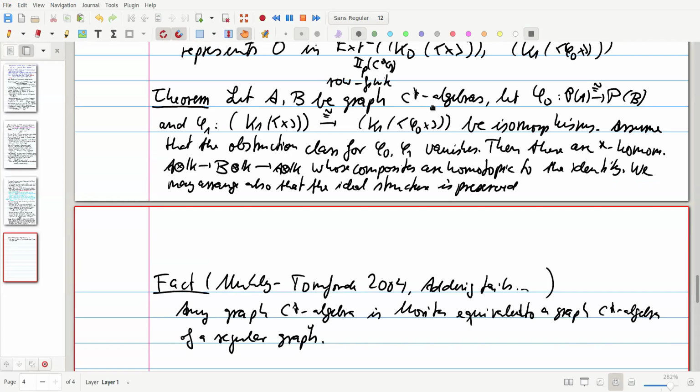Maybe let's just say if you know this, and if you know that you have strongly purely infinite C-star algebras, then you can just take a paper by Kirchberg about classification of non-simple purely infinite separable nuclear and so on C-star algebras, and it tells you that in this case they have to be isomorphic.